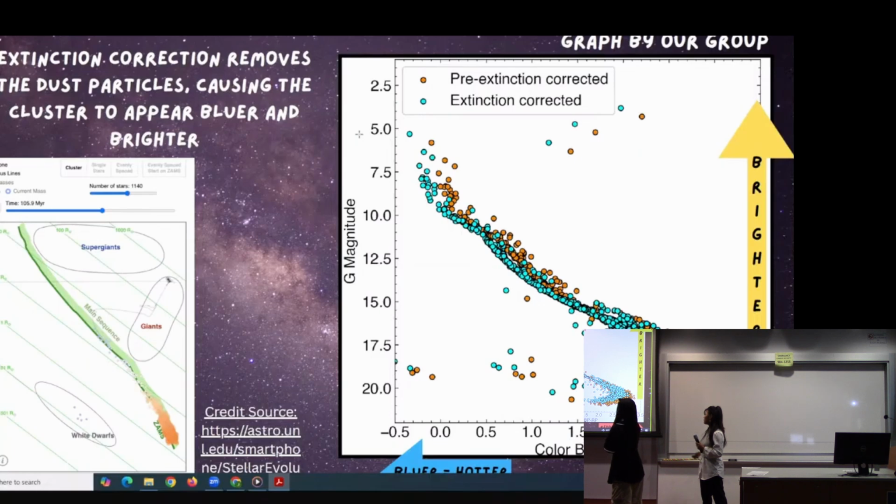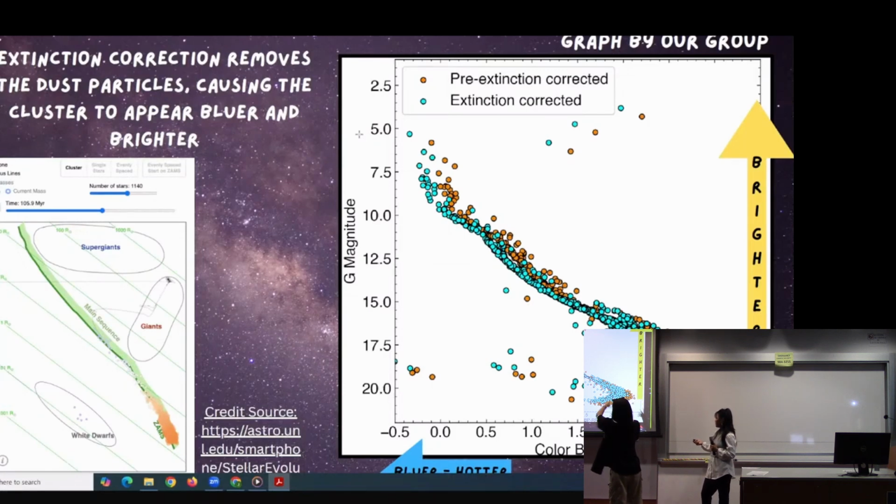Your x-axis represents your color, with the left representing the bluer side, which is hotter as well, and the right side representing the redder stars, which are cooler. Your y-axis represents the G magnitude, and it's G because this is the G band, and we are using it because it's Gaia. This is the Gaia data.